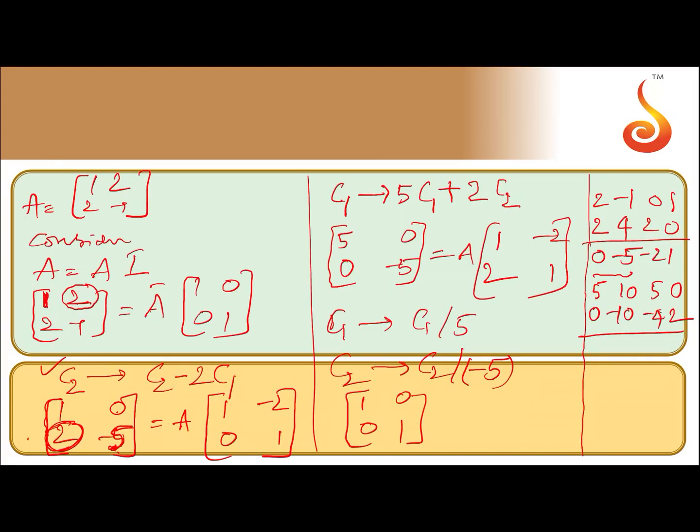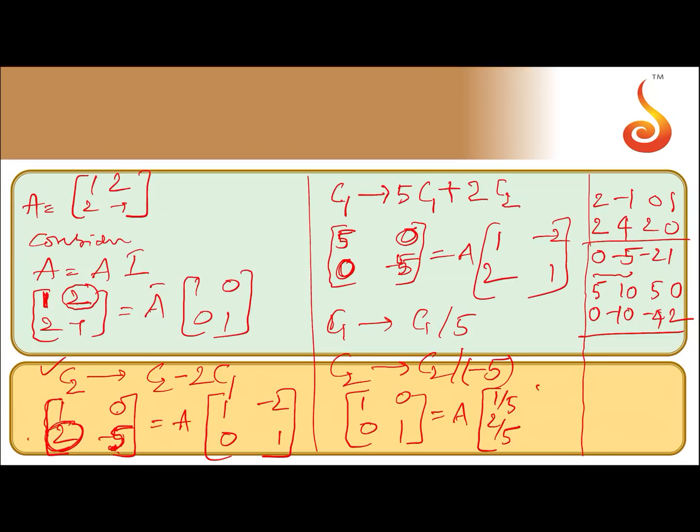First column you are taking by dividing by 5: 5 by 5 is 1, and 0 by 5 is 0. Second column, 0 by minus 5, minus 5 by minus 5. That equals A multiplied by the following. The first column you divide by 5: 1 by 5, 2 by 5.